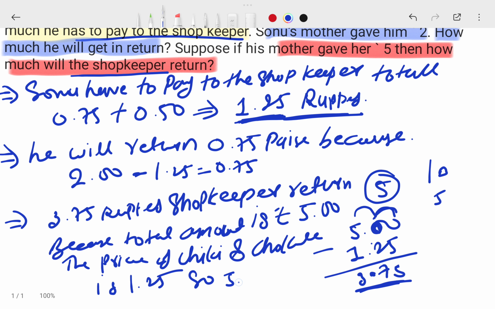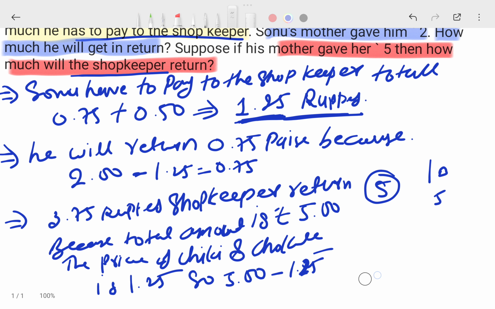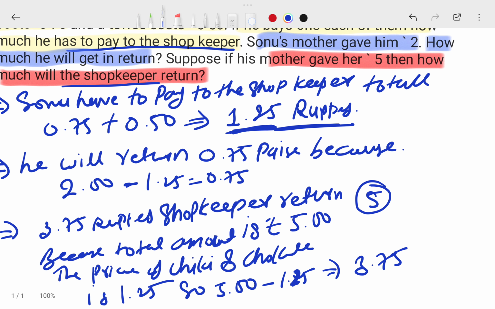So 5.00 minus 1.25 equals 3.75. Okay, is it over or not?